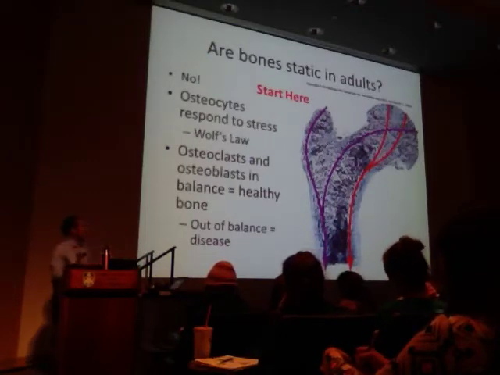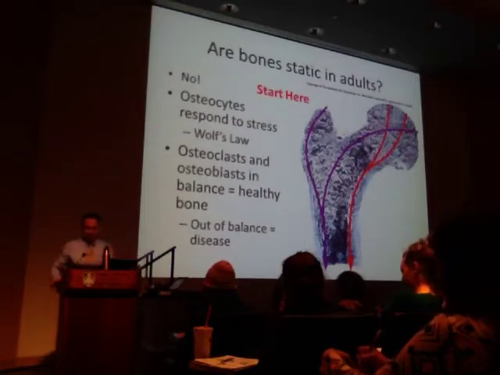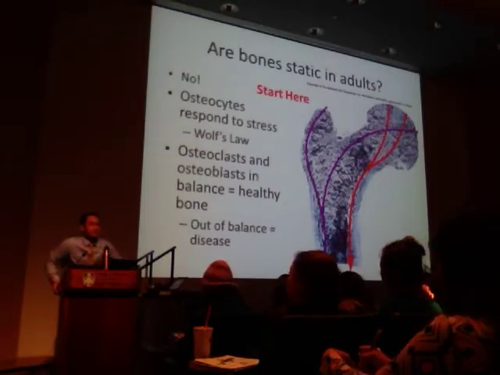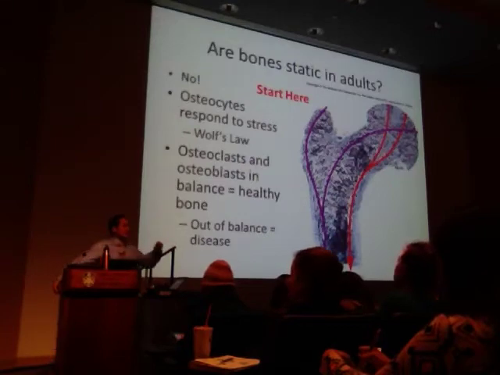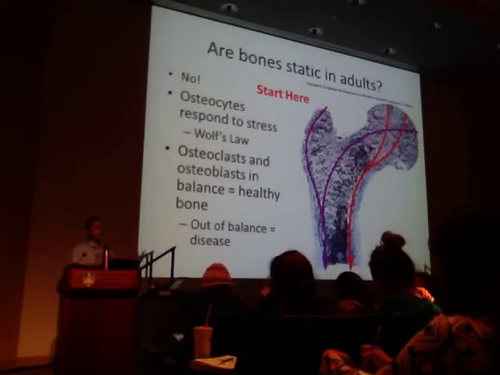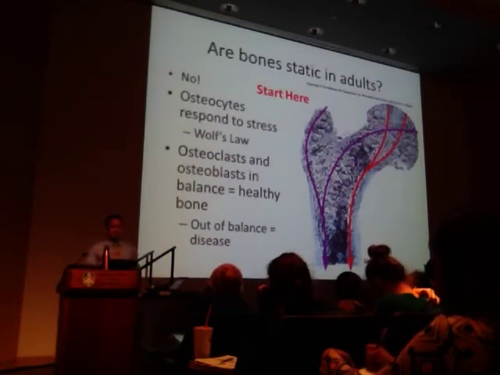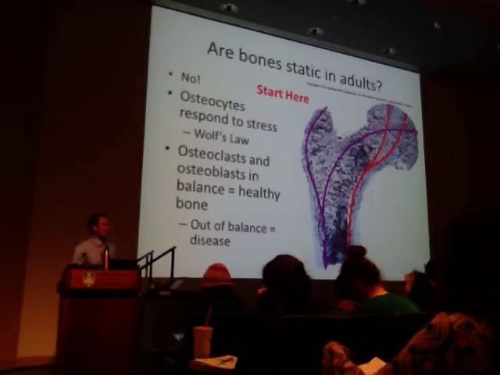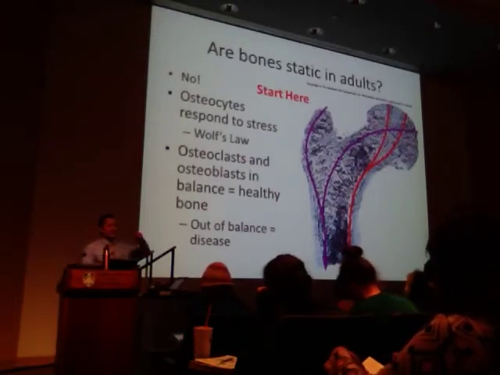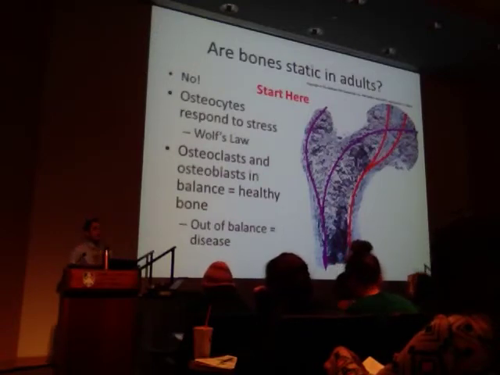Okay. So we need to talk about this ultimate question: are bones static in adults? We talked about embryonic development of bone. We talked about two main types embryonically. What were they? Intramembranous and endochondral. Which one goes where?